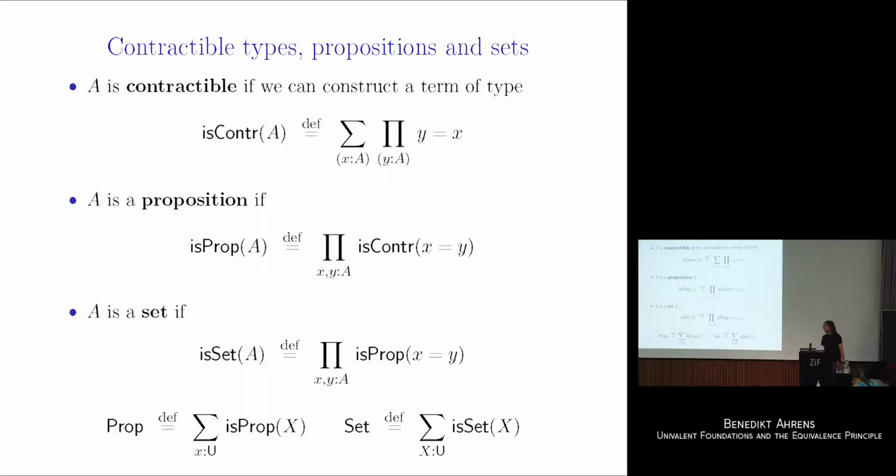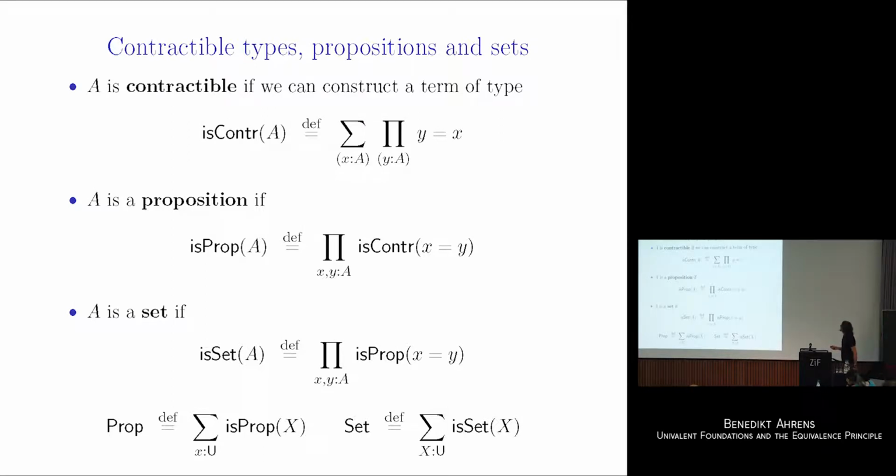Another ingredient that Thorsten already mentioned is this hierarchy of types. We say that a type A is contractible if we can construct a term of the following type, namely if we can prove that A firstly is inhabited, we can exhibit an inhabitant of A, and secondly, all inhabitants are identical to this specified inhabitant.